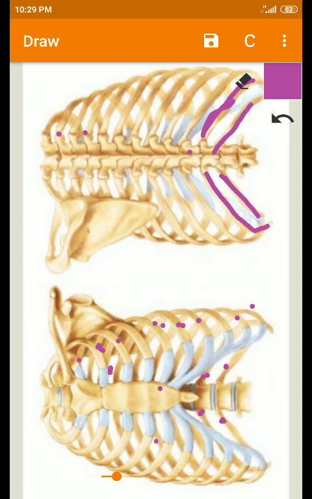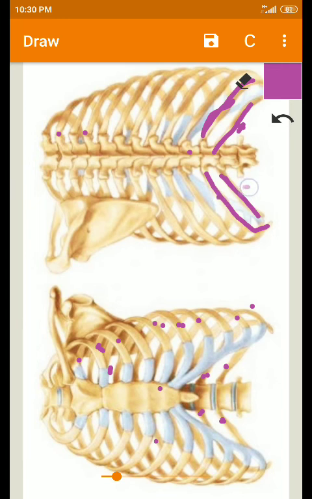The vertebrochondral and vertebral ribs.